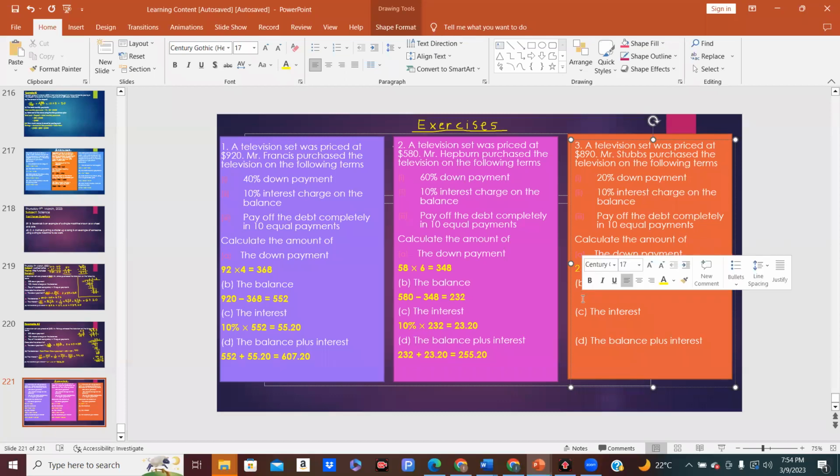Now we want the balance. How are we going to get the balance? 890, not 580, because we want number 3.